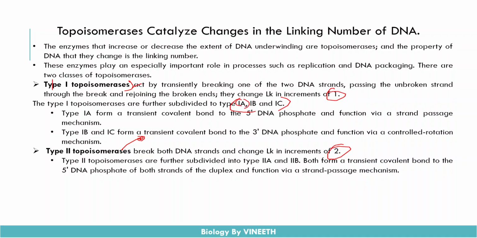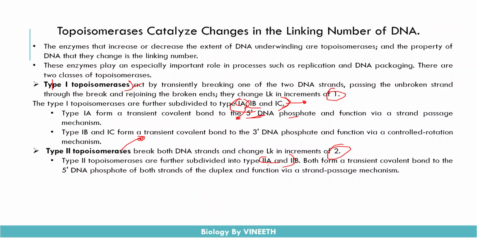1A forms a transient covalent bond with the 5' DNA phosphate, while 1B and 1C form the transient covalent bond with the 3' DNA phosphate. Type 2 topoisomerases, both subtypes 2A and 2B, form the transient covalent bond with the 5' phosphate only.